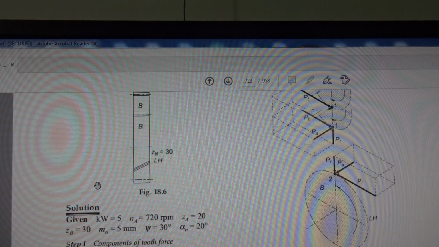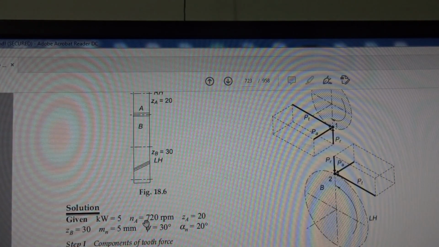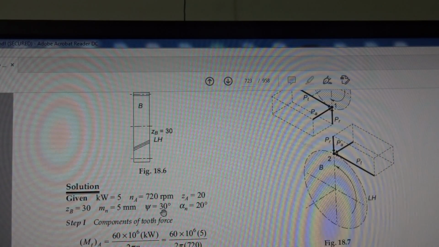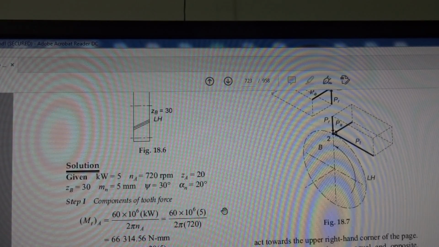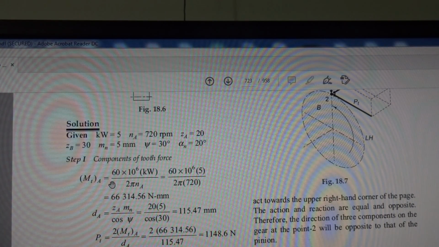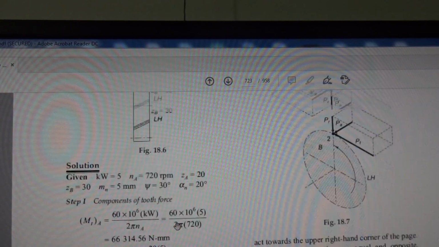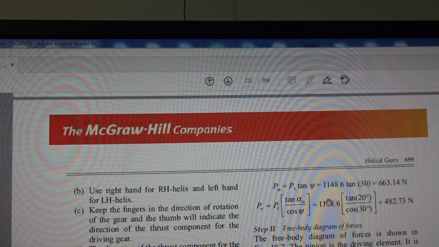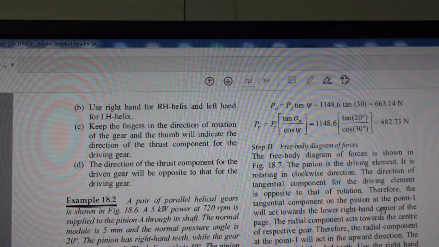So here, given power 5 kilowatt, NA is equal to 720 rpm, ZA is 20, ZB is 30, Mn is equal to 5, psi is equal to 30, and alpha n is equal to 20 degrees. By using the equation for MT, you will get MT, dA, and PT. So with PT, you can find PA and PR from the relations.